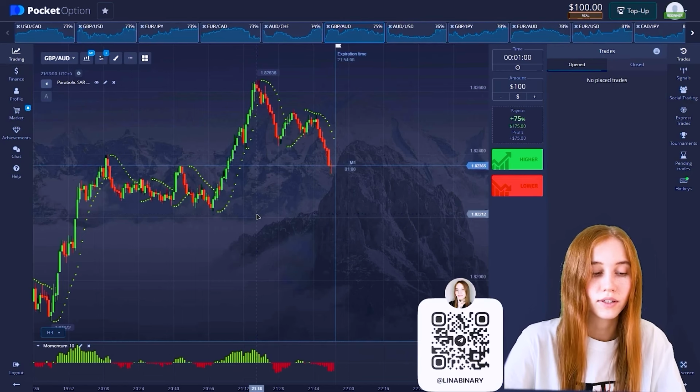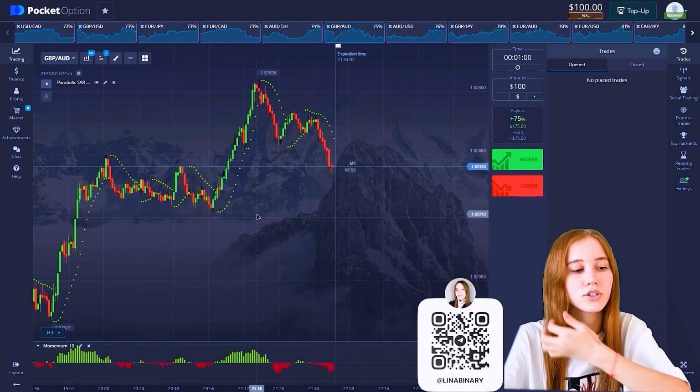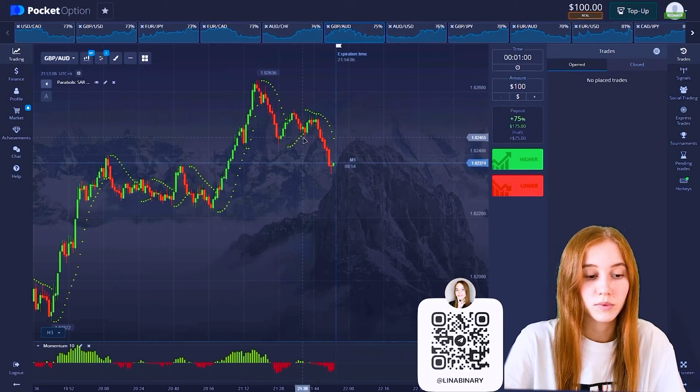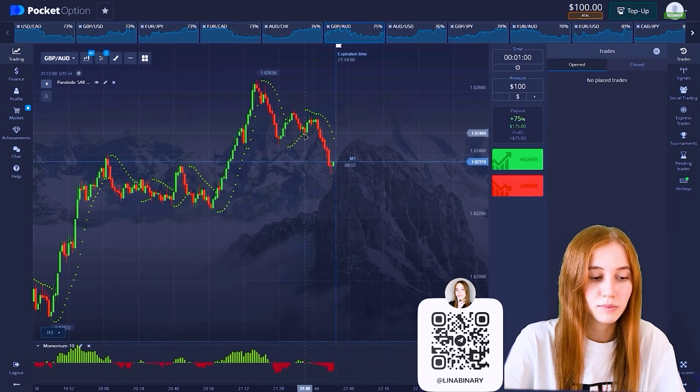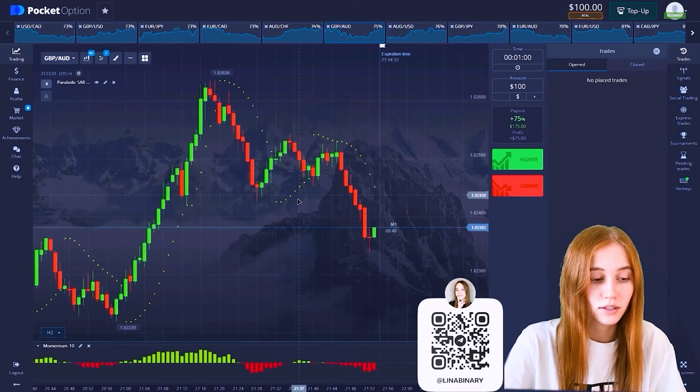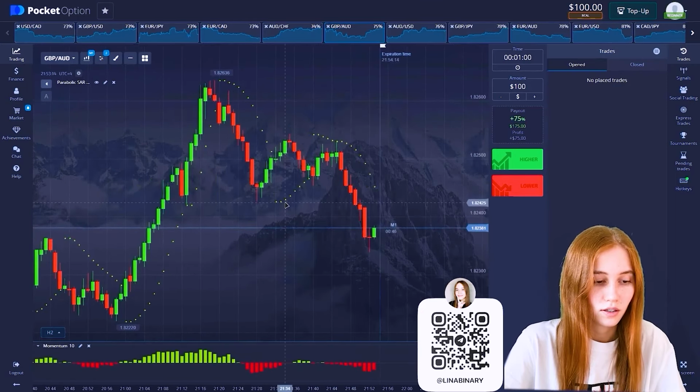At its core, the indicator is similar to a moving average, with the difference that it moves with different acceleration. Let me explain. You see points here. When the chart intersects these points, the trend is changing.